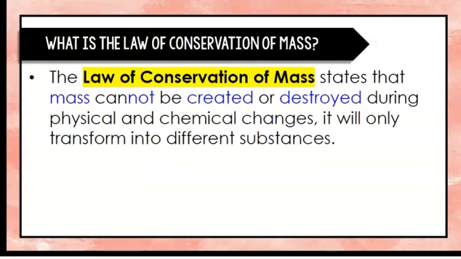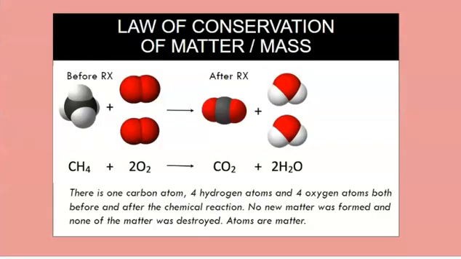The law of conservation of mass states that mass cannot be created or destroyed during physical and chemical changes. It can only transform into different substances. So, what does this mean for chemical equations? Well, let's say you have CH4 plus O2 yields CO2 plus H2O.